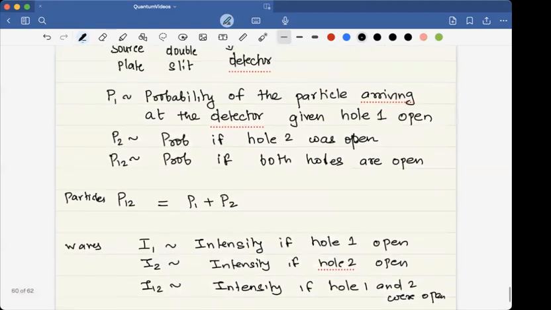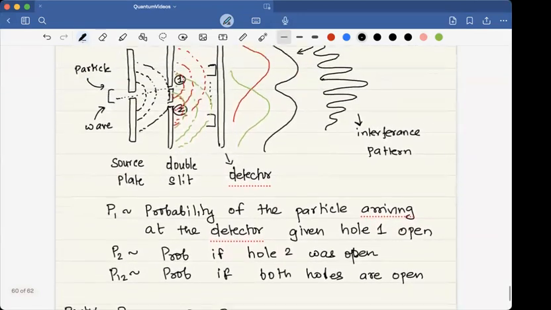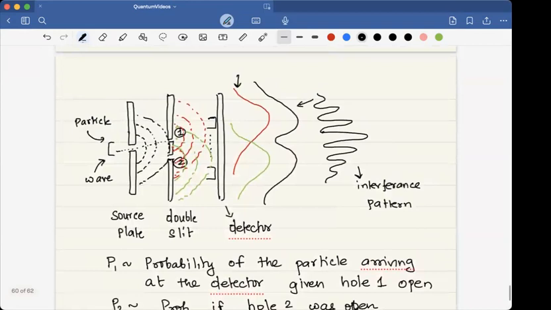Regardless, the main difference between the classical particle and wave is that when both holes are open, the interference occurs, and the interference pattern is given by this sort of complicated pattern.